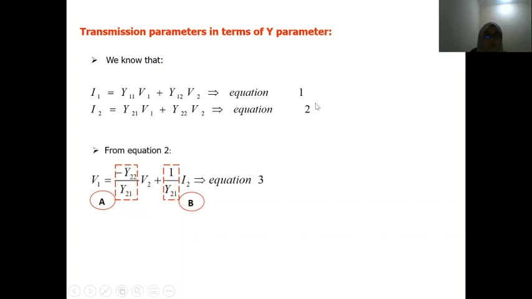From the second equation, we arrange the equation by putting your V1 as your main concern. So you will get V1 is equal to minus Y22 divided by Y21 V2, plus 1 over Y21 I2.